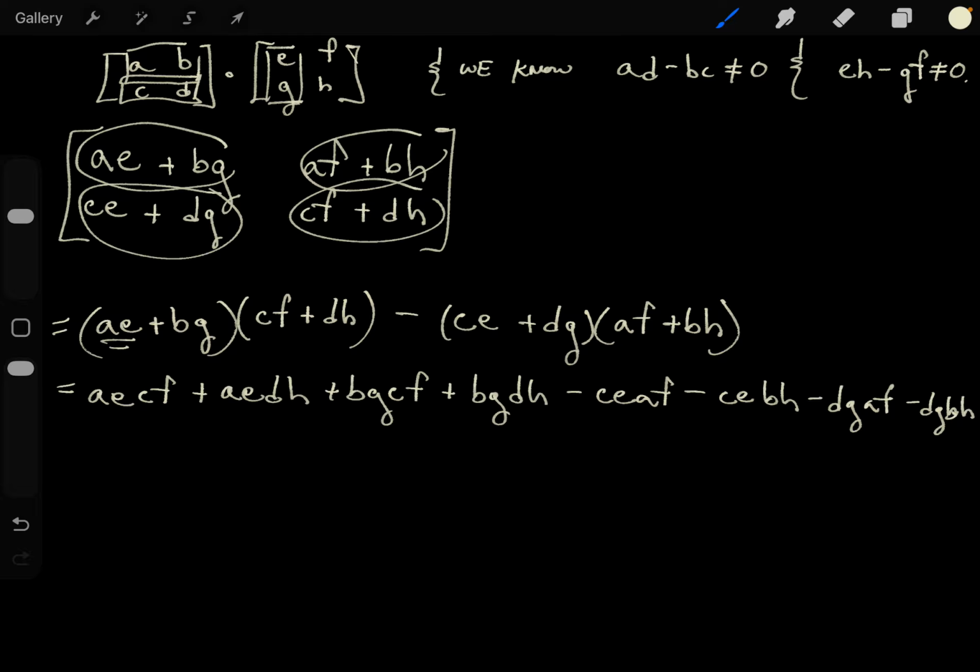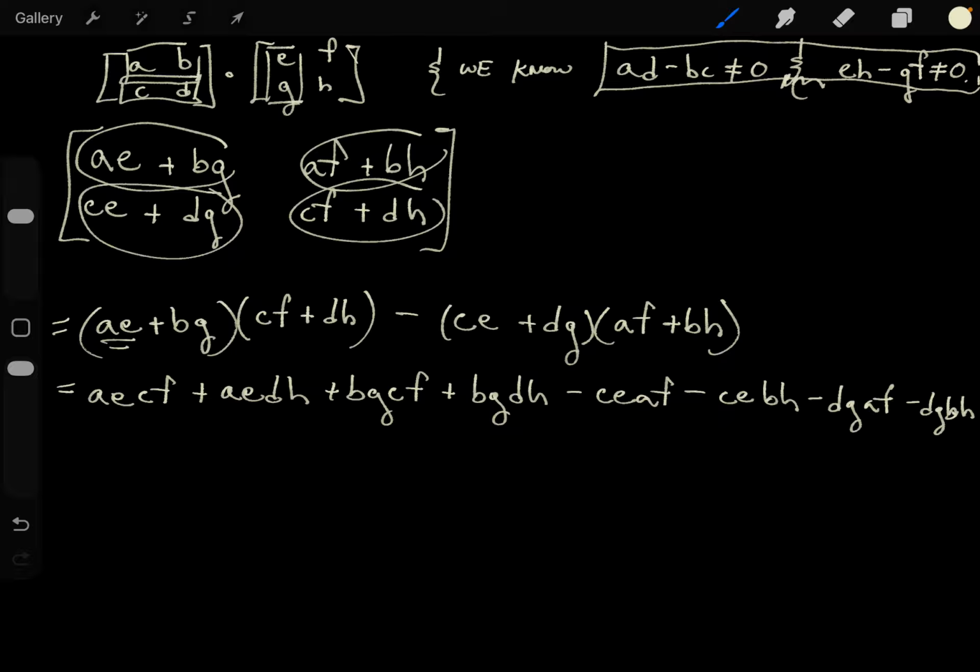I think that I need to somehow use these facts. What I think is crucial is that we need to know that if both of these are non-zero, then the multiplication of the two is also non-zero.